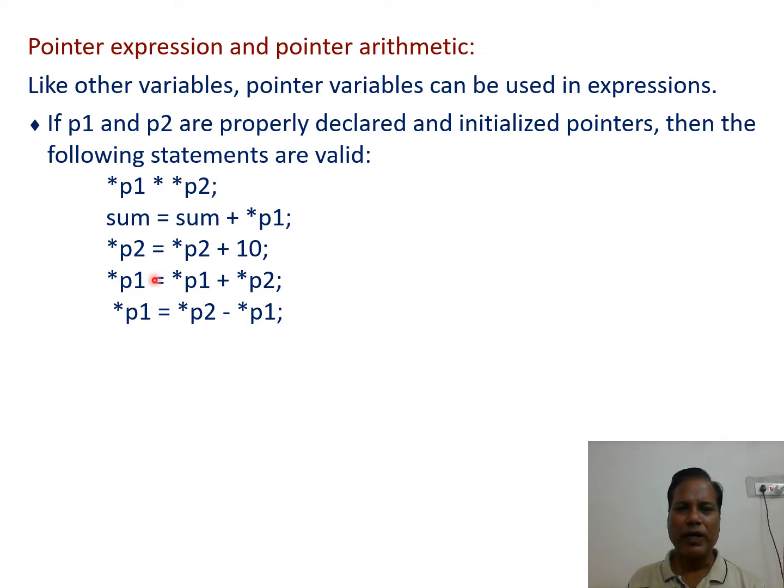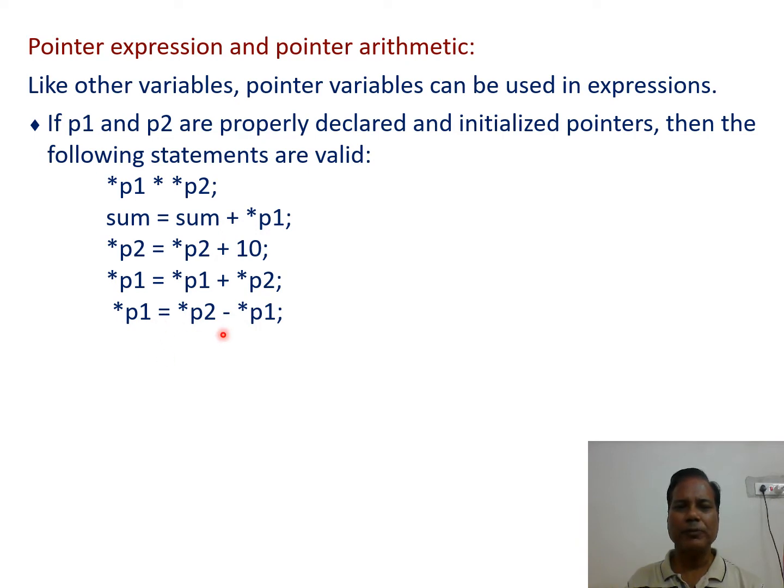In a similar way, the data in the memory location pointed to by the pointer variable P1 will be equal to the data pointed to by P1 plus asterisk P2, the data pointed to by P2. So the addition of these two is assigned to the data pointed to by the pointer variable P1.